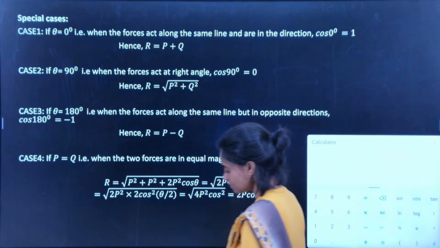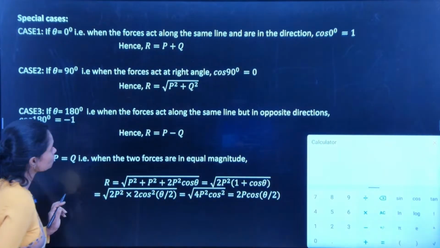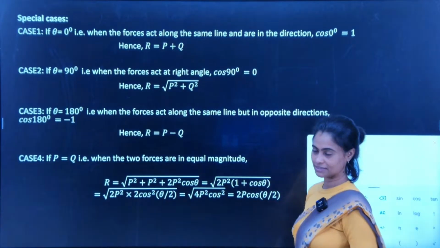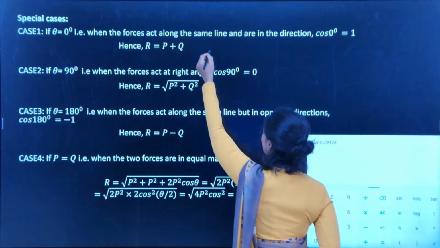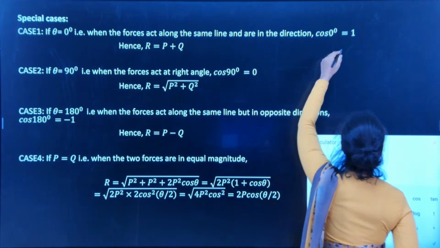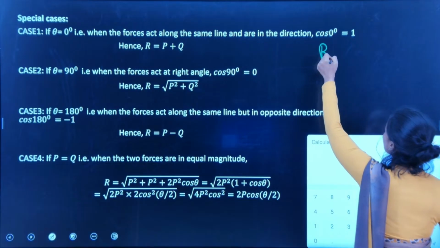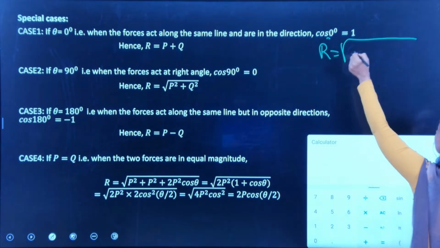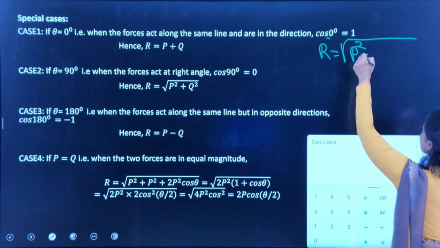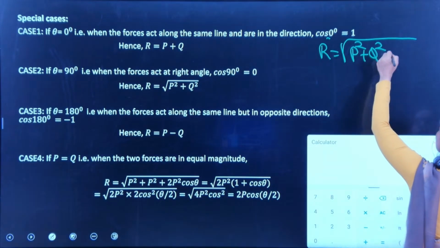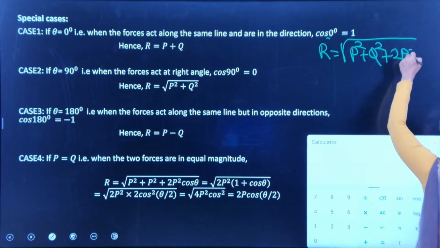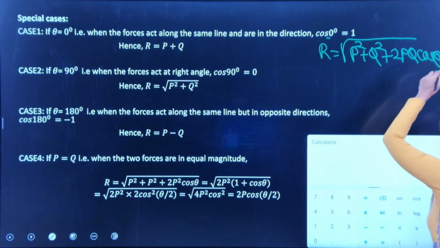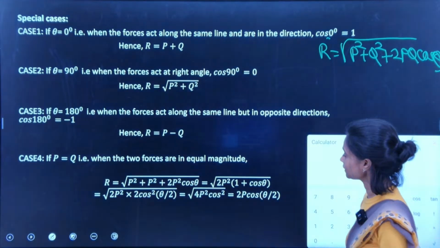Okay, so in the previous lecture, we got to know about the magnitude of the resultant, and we found it to be R is equal to root over of P square plus Q square plus 2PQ cos theta, where theta is the angle between the two forces, right?